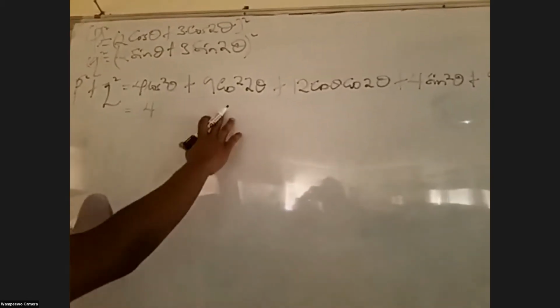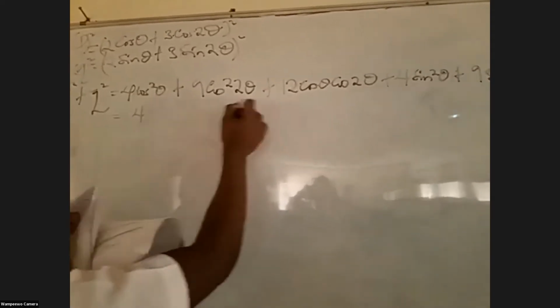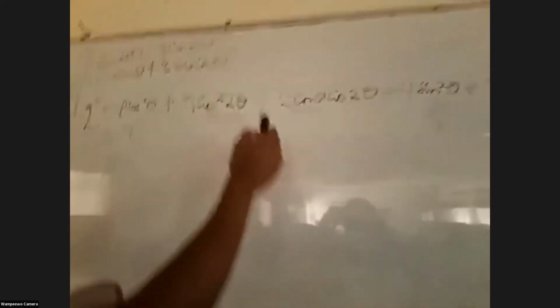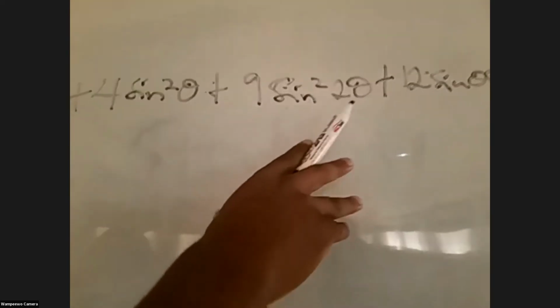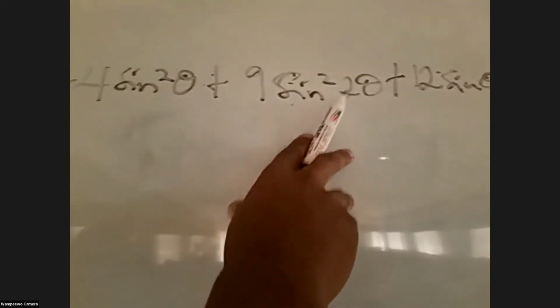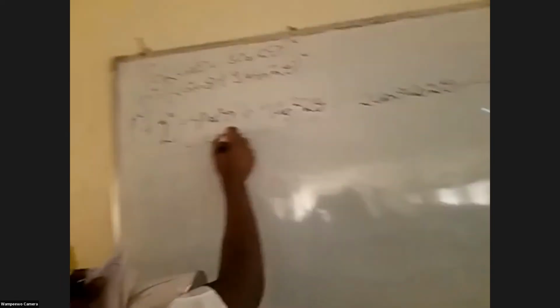Then plus 9, because there's also 9 cos squared 2 theta plus 9 sine squared 2 theta, which is 1.